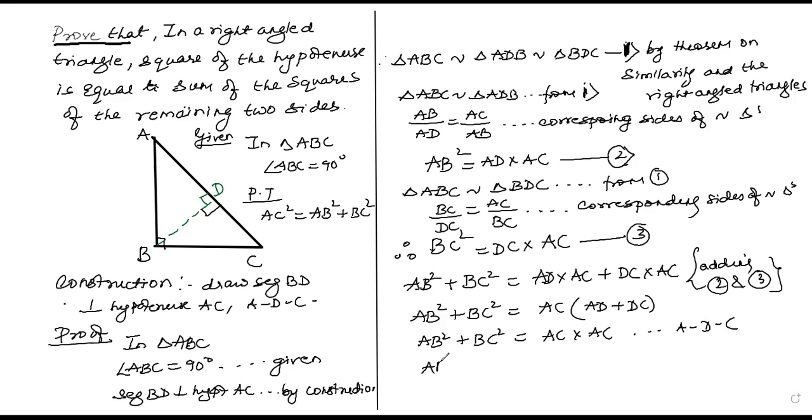Therefore, AC square equals AB square plus BC square. Got it? We got the answer, children. Very simple proof. I hope you have understood me. We go to the next one. This is important. This can be asked in your exam.